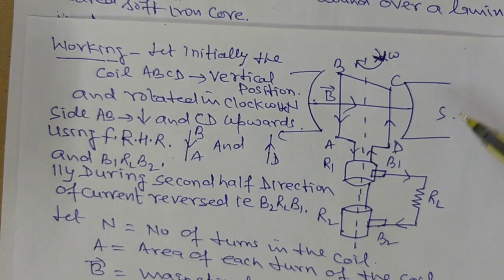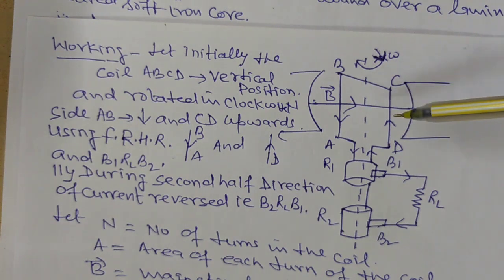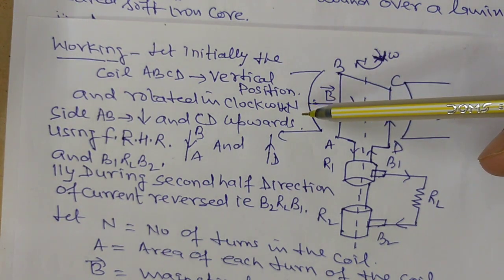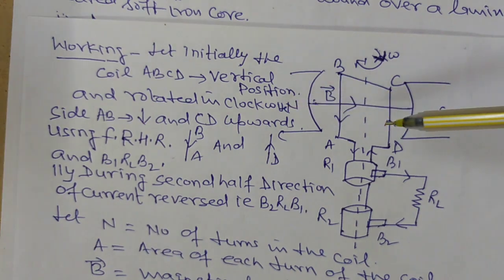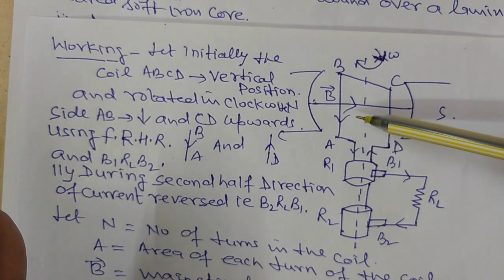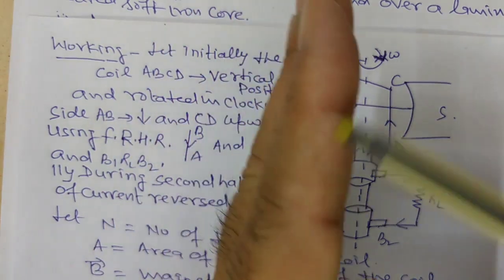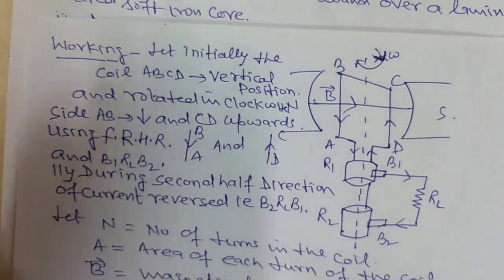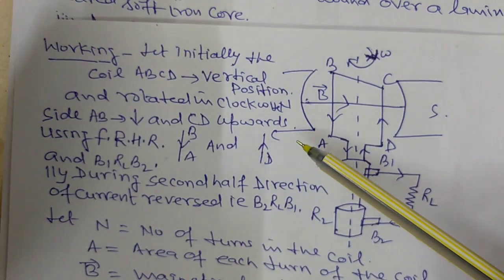Now this armature coil rotates. Suppose it starts rotating in clockwise direction. Then side AB moves downward, and CD moves upward.